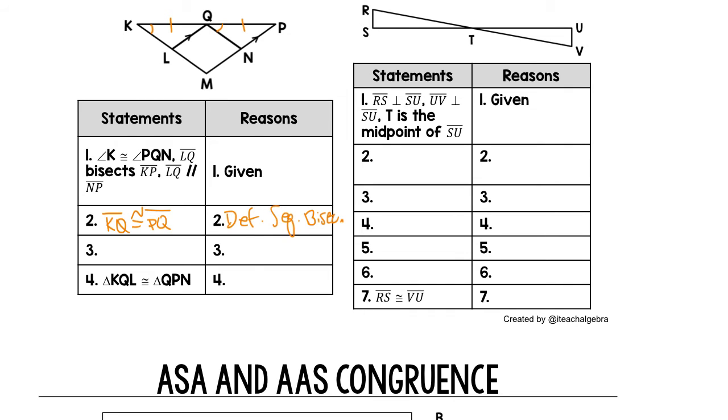Then we can also know that angle KQL, which is this guy right there, is congruent to angle QPN, which is that guy there, because they're corresponding angles.